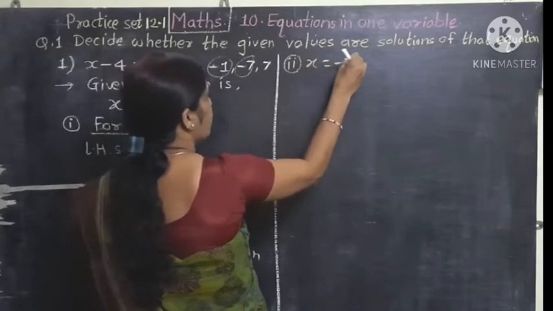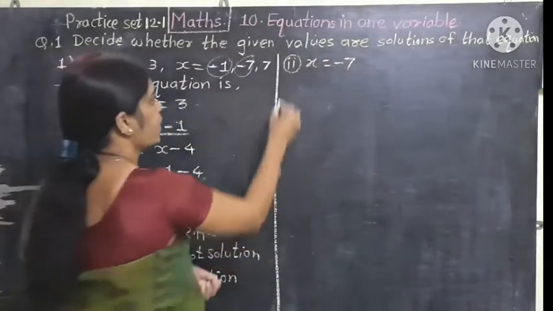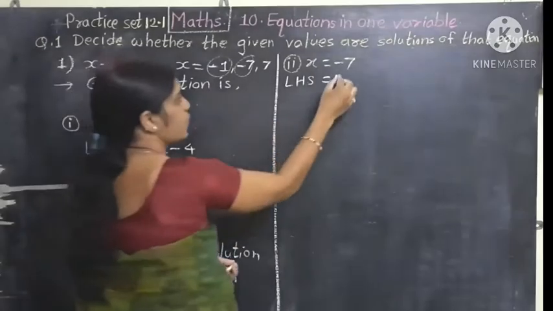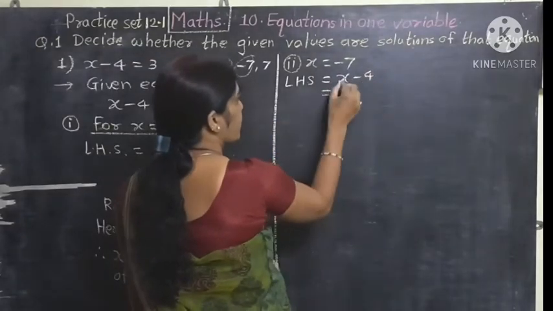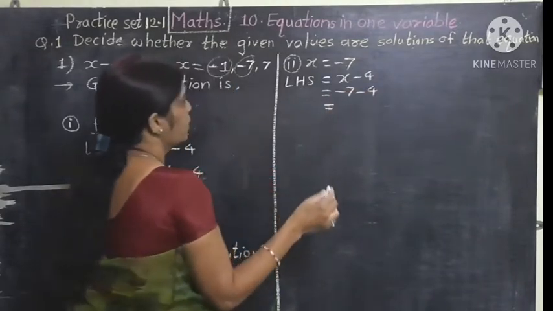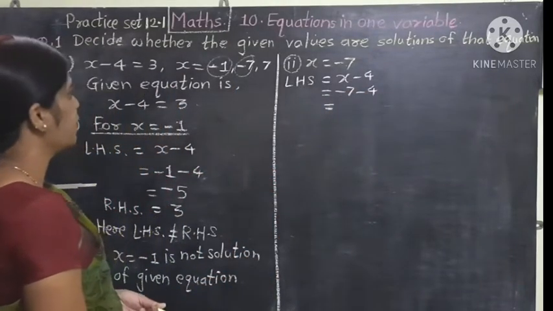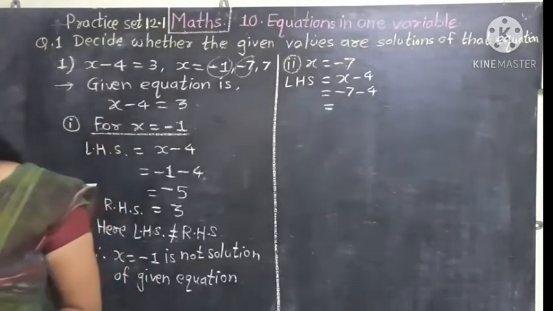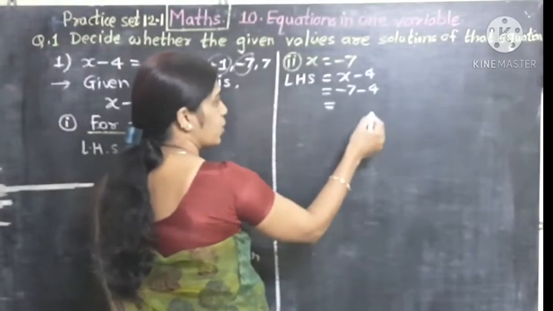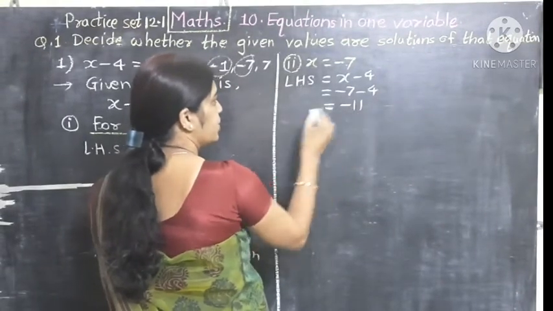x is equal to minus 7, we will see, right? LHS, what is the LHS? X minus 4. What is the value of x? Minus 7 minus 4. Minus 7 minus 4. What becomes the answer? Minus 7 minus 4, 11, minus 11.